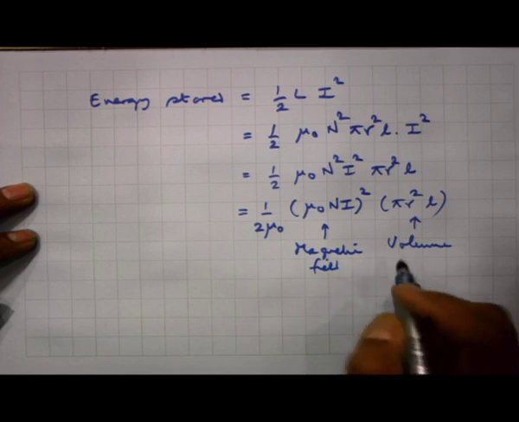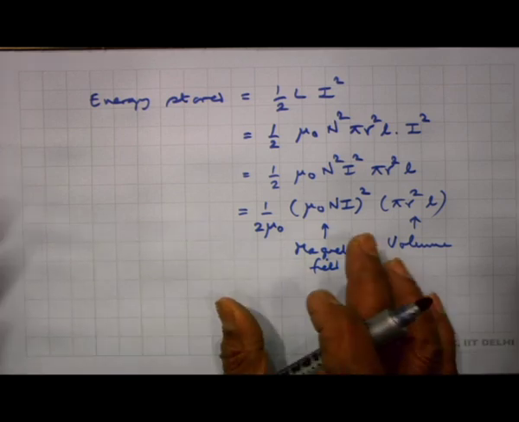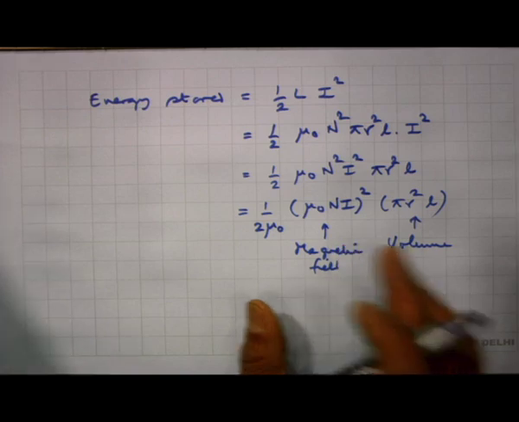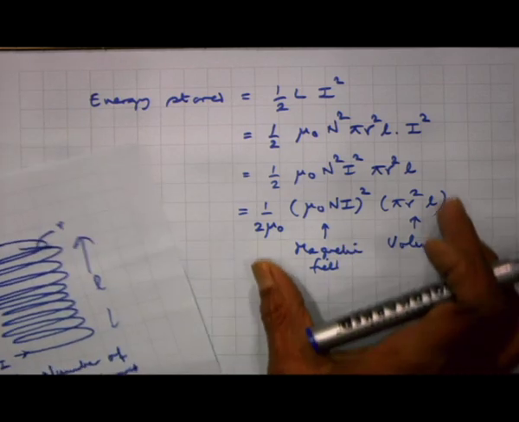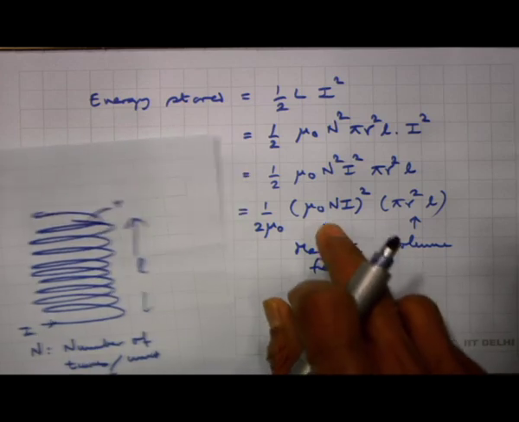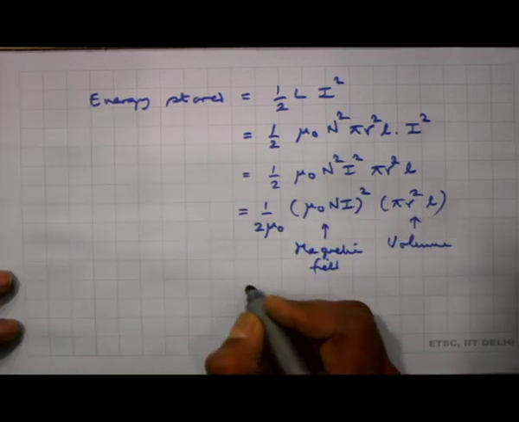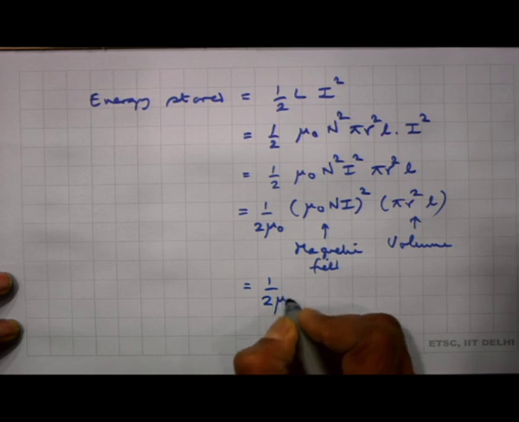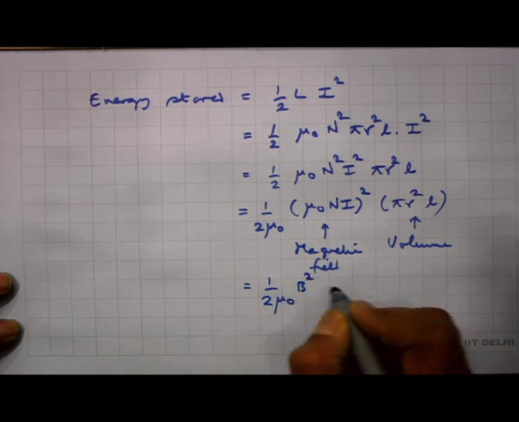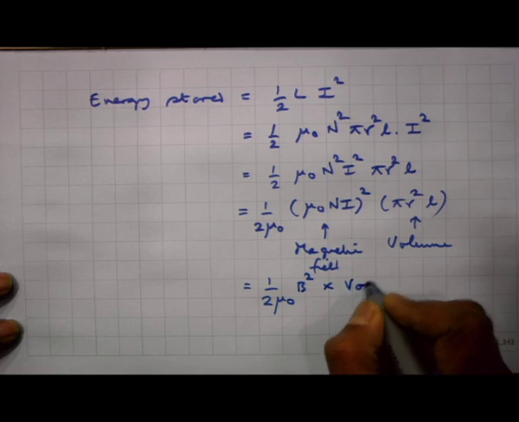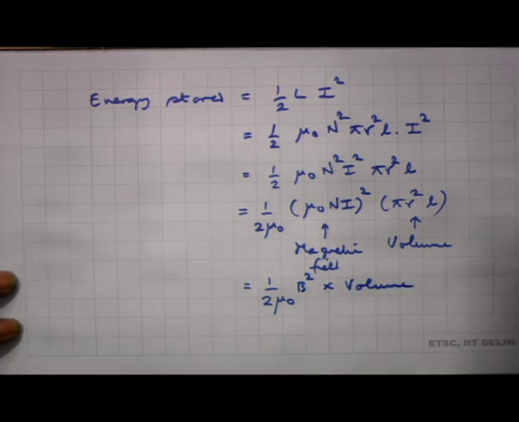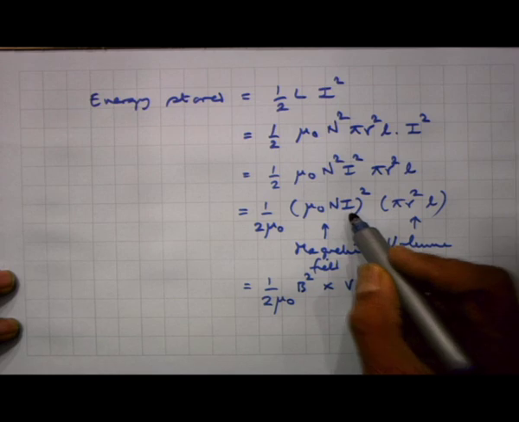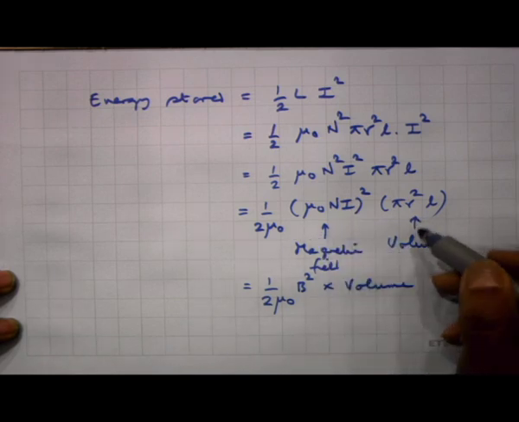So, I can say that this solenoid has so much energy stored in the magnetic field. So, let me write this as 1 by 2 mu naught B square into volume. This is B of the solenoid, and this is the volume of the solenoid.